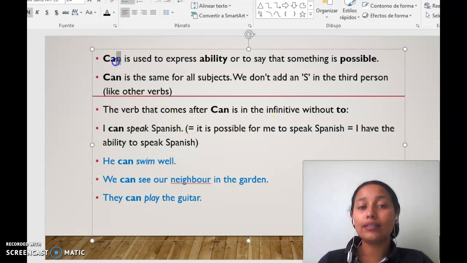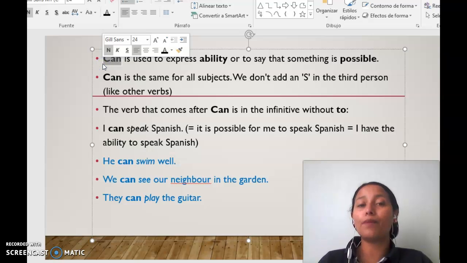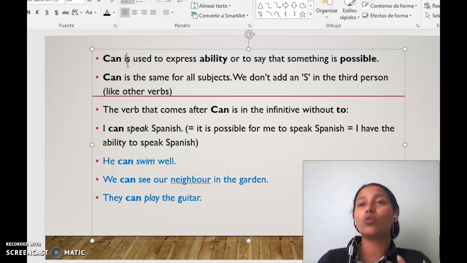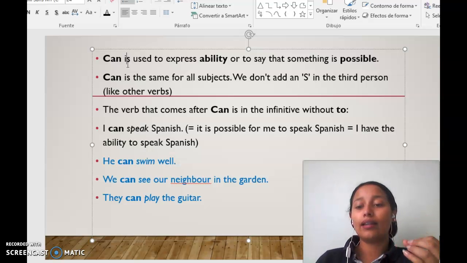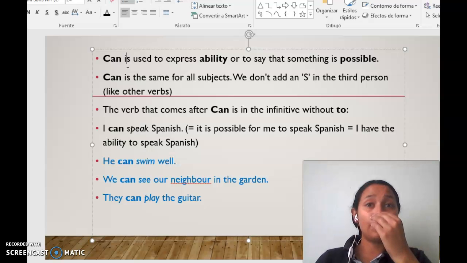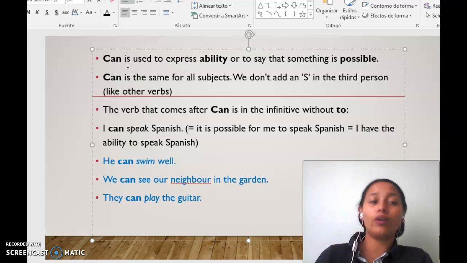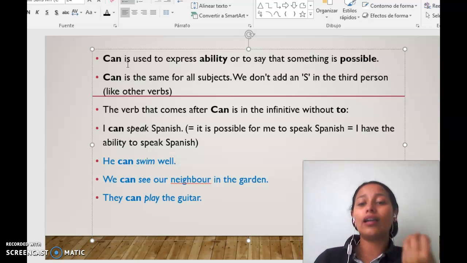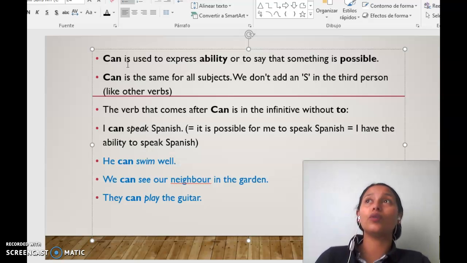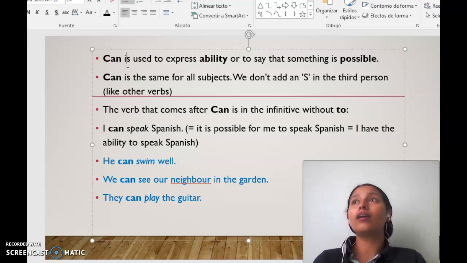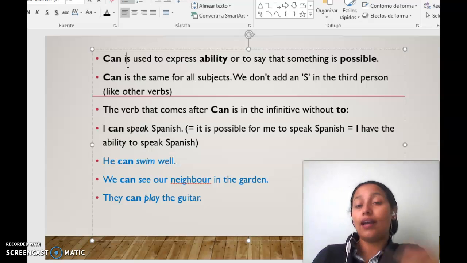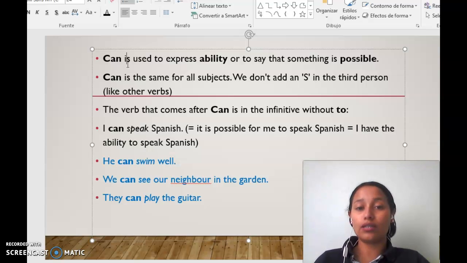Aunque can en español significa poder, no estamos hablando de poderes mágicos, fantásticos, sino de tener una habilidad, que nosotros como seres humanos tenemos de pronto, la habilidad de cantar bien o la habilidad de nadar bien, este tipo de cosas.